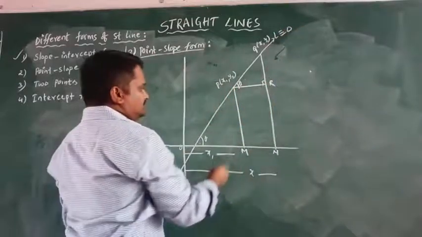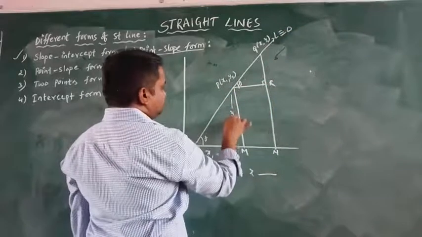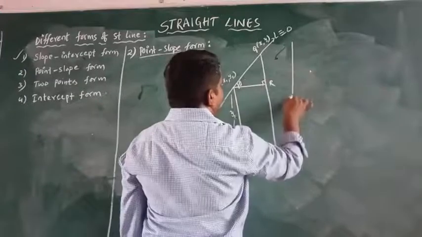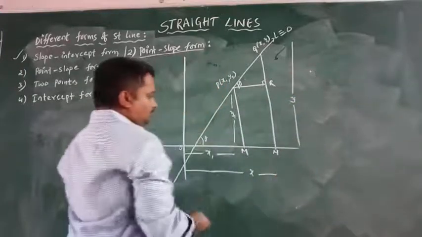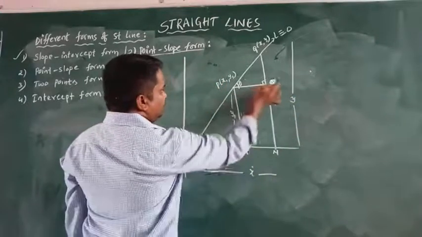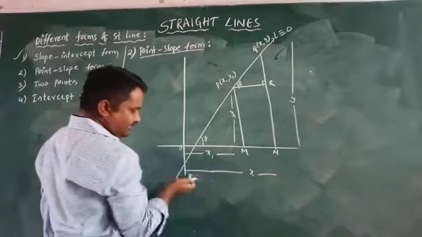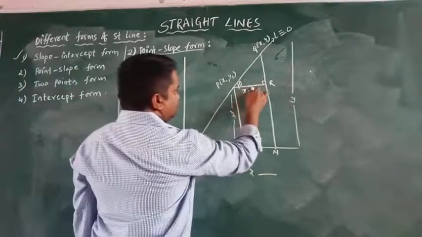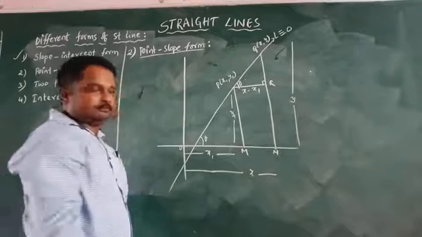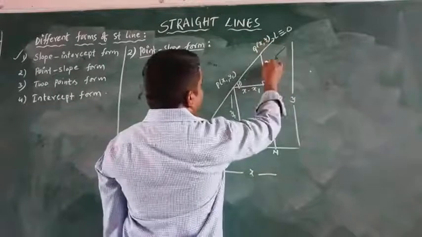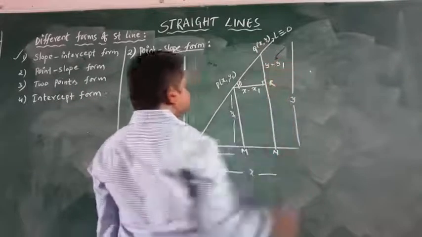Now you know this method already. This is y1 and this entire is y. Now what is this? So we can write this is x minus x1 and this is y minus y1.